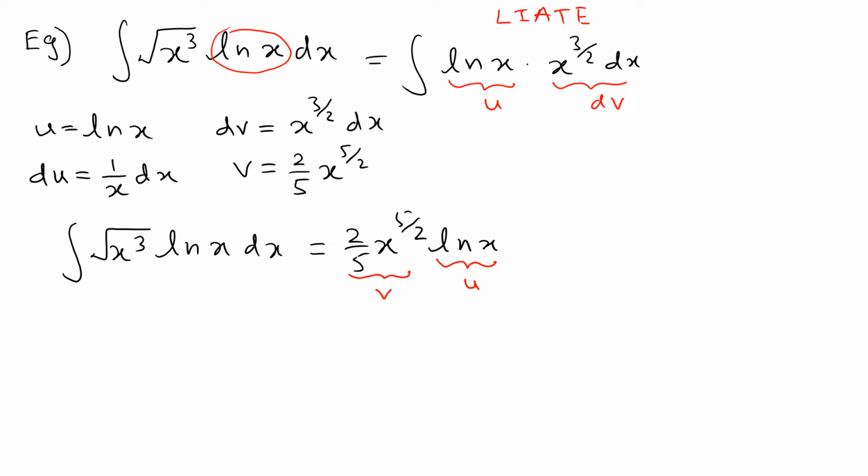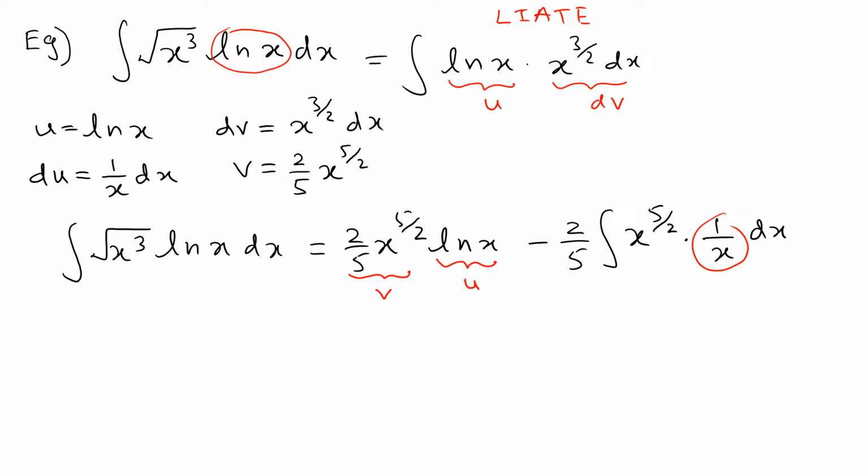And then minus the integral of v du. So we write the numbers outside. So we have 2/5, which is x to the 5 halves, that's the v. du is 1 over x dx, and you will see this is exactly the reason why we selected ln x as the u term, because you can see the 1 over x term appears here.